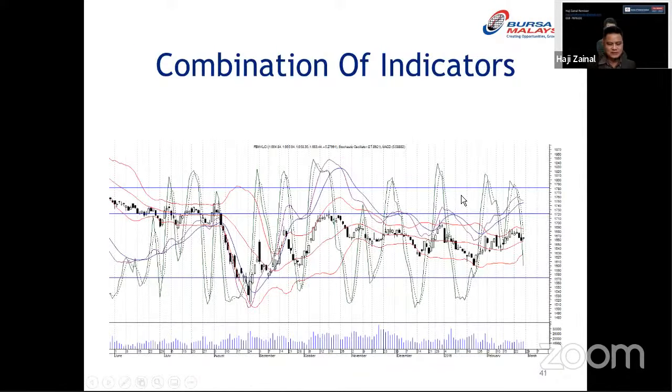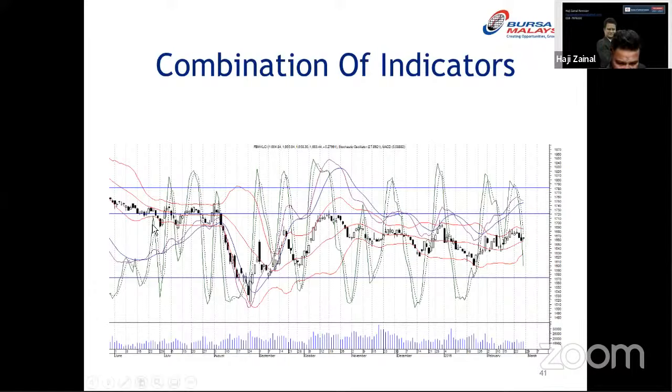This is one combination of indicators. Of course, if you look at it, you may not understand. It looks very messy, but actually, in just one glance, you can see the whole picture of the market direction. The first thing we look at is the red line here, which is the Bollinger Band. Based on this, we can see whether the Bollinger Band is expanding or contracting, and also whether it is an uptrend or a downtrend.